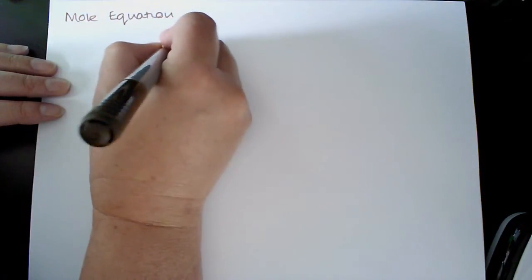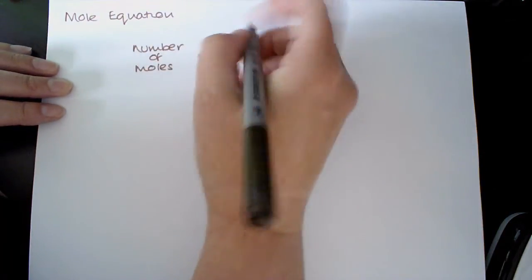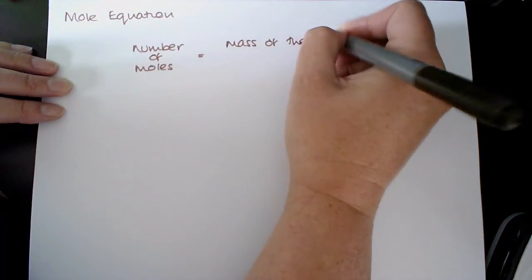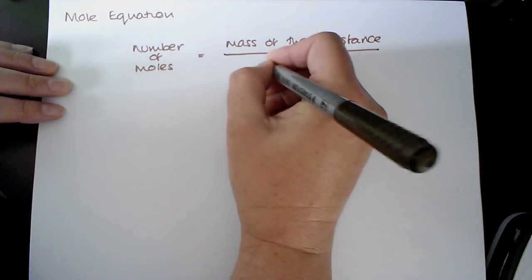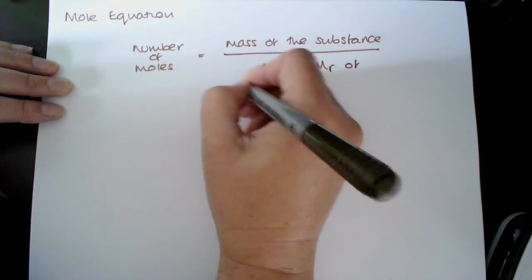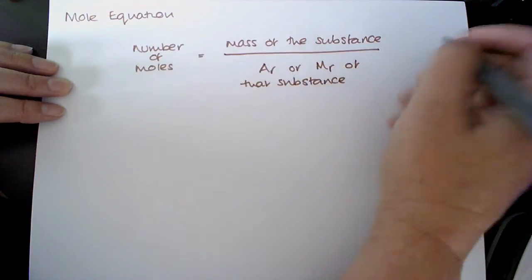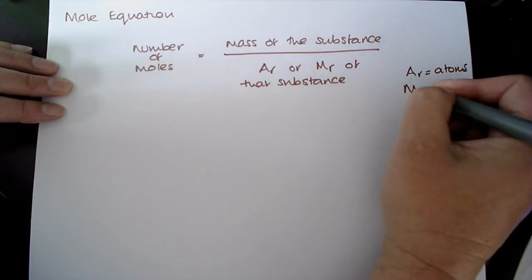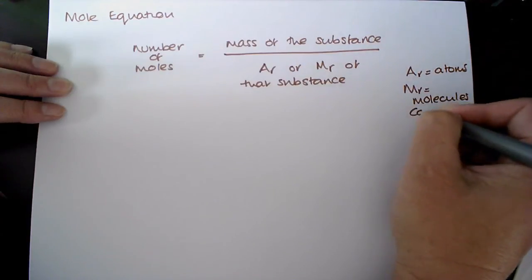To calculate the number of moles of anything we've got, the number of moles is equal to the mass of the substance divided by, and it will either be the AR or the MR of that substance. Remember, AR is for atoms and MR is for molecules or compounds.